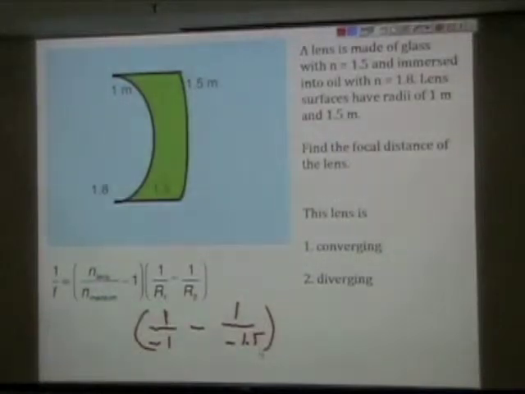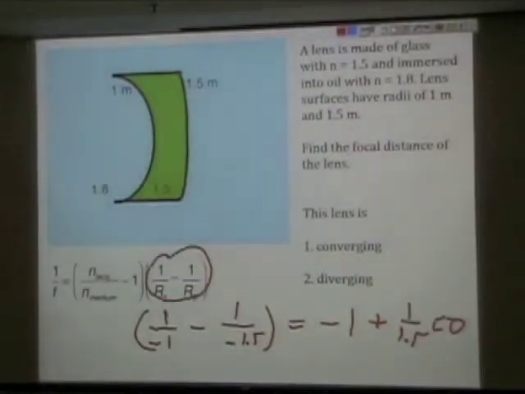If you think it's a positive number, raise your hand, please. If you think it's a negative number, please raise your hand. Well, it's negative 1 plus something smaller than 1. So it is a negative number.